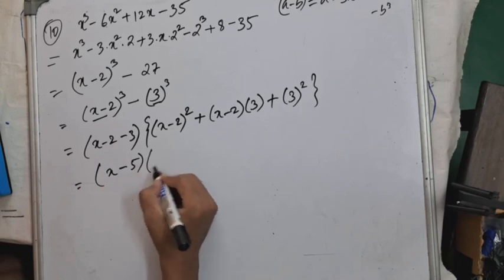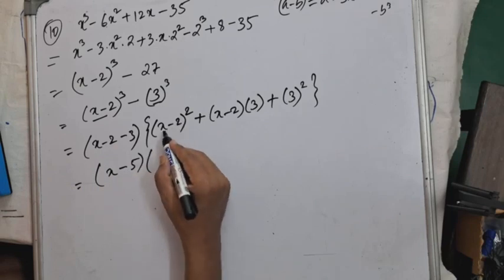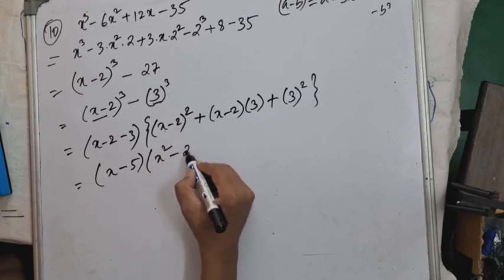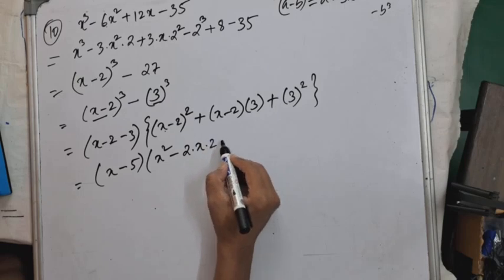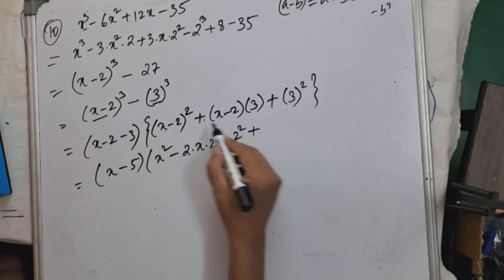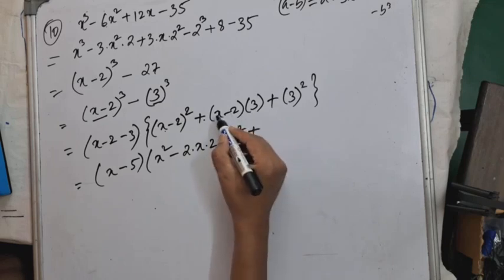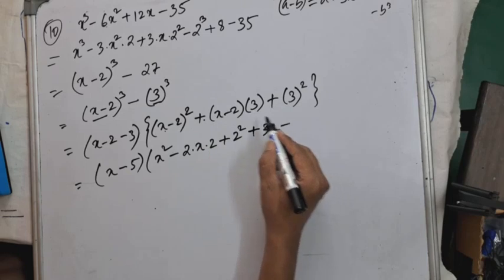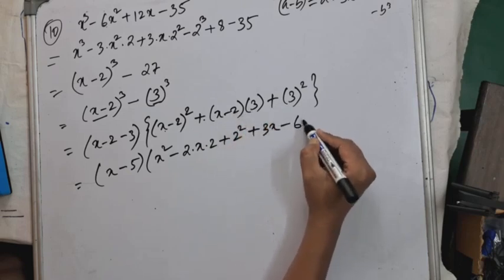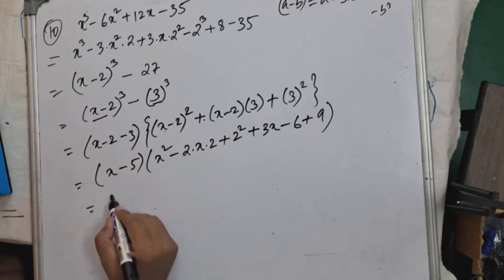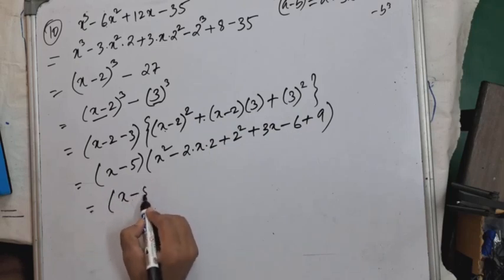Okay, now A minus B whole square, x is A, 2 is B. Okay, A minus B whole square is A square minus 2AB plus B squared. After that, plus this plus we write here, 3 into x is 3x, plus into minus is minus, 3 2s are 6, plus 3 squared is 9. Okay, so we rewrite this x minus 5 as it is.